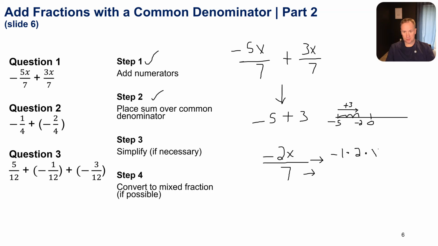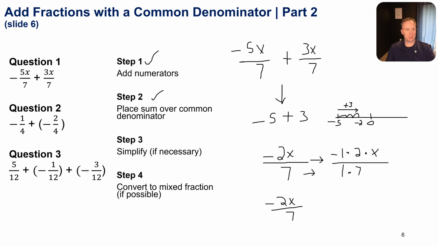Those are the factors that are in the numerator. And then in the denominator, well, I guess not a -1. We don't want to put a -1 there. It is going to be a +1 times 7. And there's no x. So in other words, there are no variables that you can combine. So this is as far as I can go in this case. This is also a proper fraction. The top number is smaller than the bottom one.